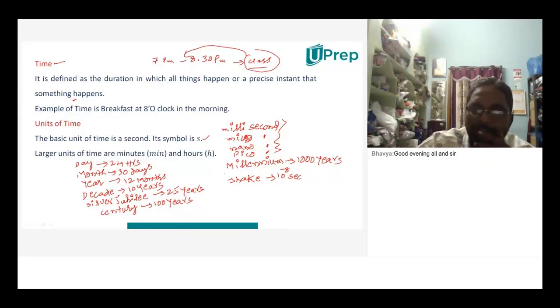So this is the smallest unit of time, and millennium is the biggest unit of time, that is 1,000 years. You have to remember this. Sir, is shake equal to nanosecond? Not nanosecond. It is 10 power minus 8 second only, not 10 power minus 9. It is accurately 10 power minus 8. One shake will be equal to that. Okay.